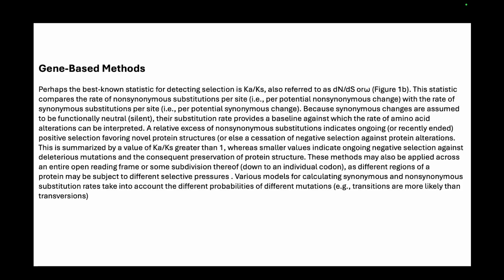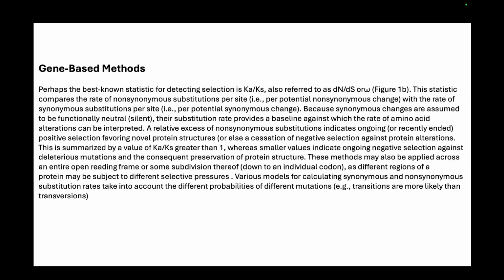That is what we compare, dN/dS, the ratio of non-synonymous to synonymous mutations. The statistic compares the rate of non-synonymous mutations per site with the rate of synonymous mutations per site. Because synonymous mutations are assumed to be functionally neutral, their substitution rate provides a baseline against which the rate of amino acid alterations can be interpreted.